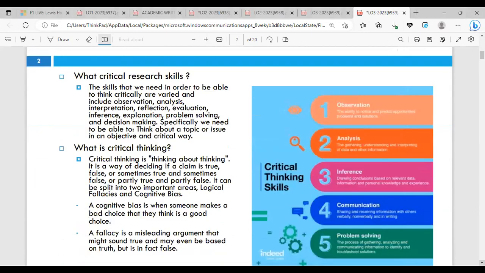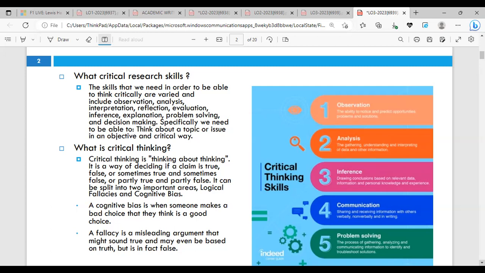The skills we need in order to think critically are varied and include observation, analysis, interpretation, reflection, evaluation, explanation, problem solving and decision making. Specifically, we need to be able to think about the topic and issues in achieving the objective in a critical way.